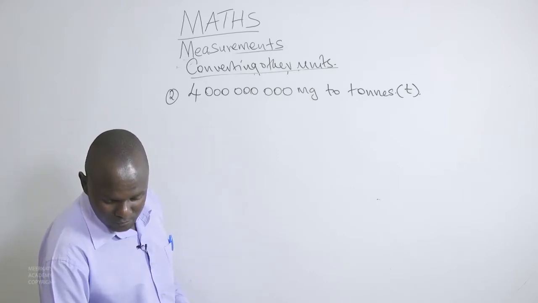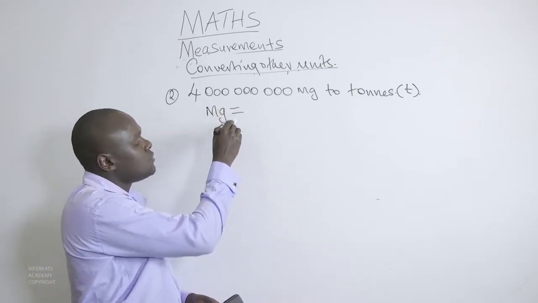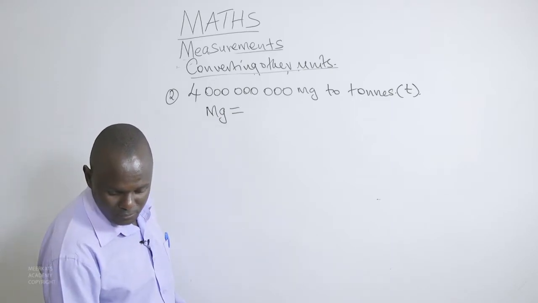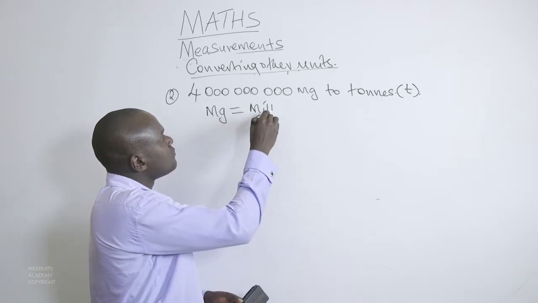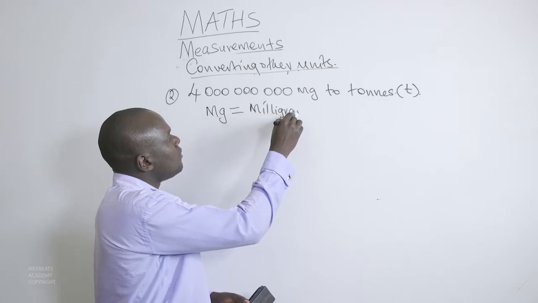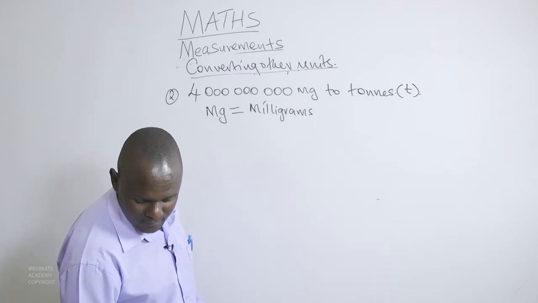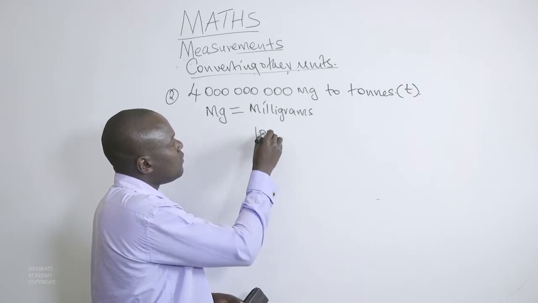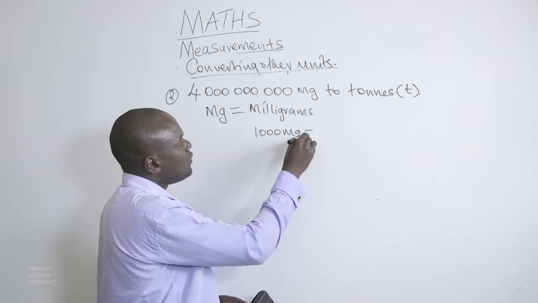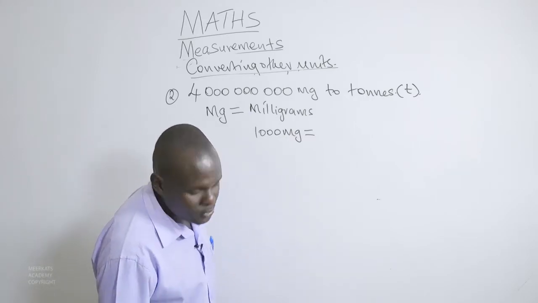We need to know what mg means. Mg means milligrams. We know that 1000 milligrams are usually equal to 1 gram.